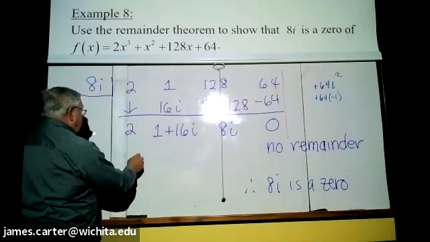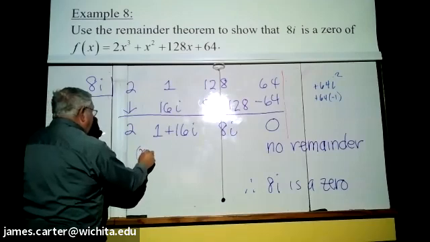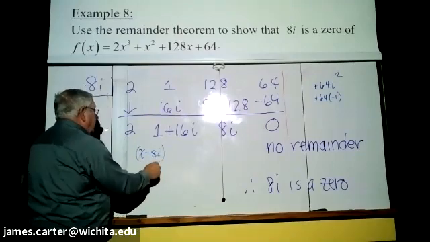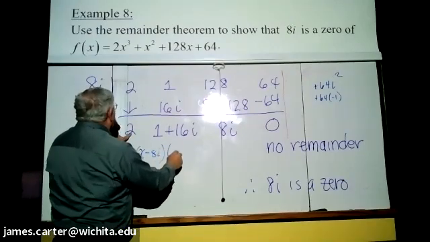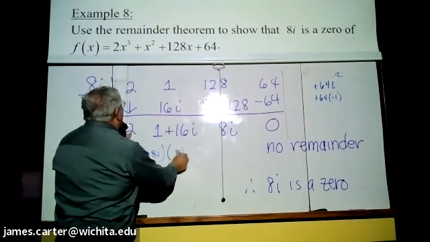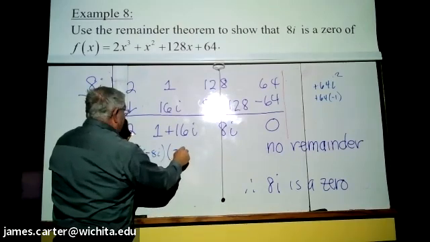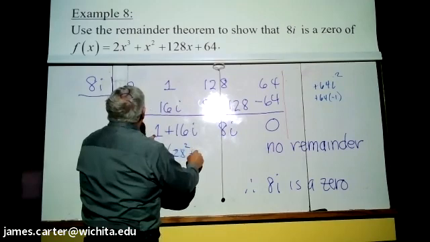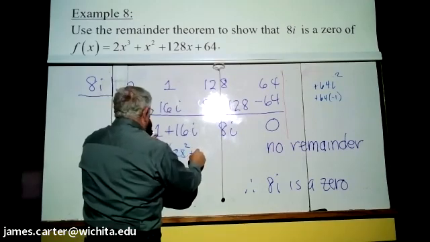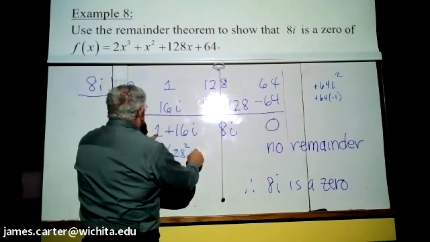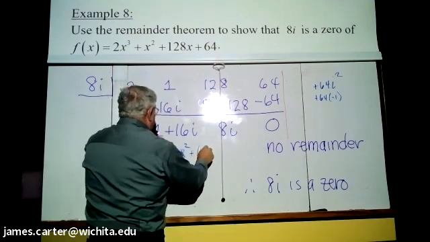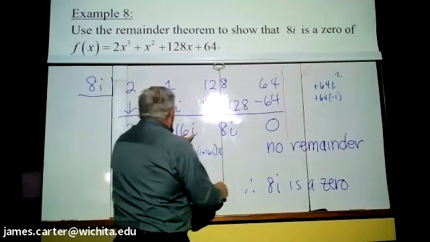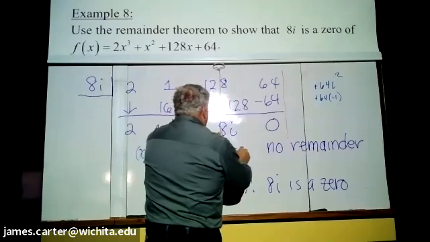So what that also means is that x minus 8i, remember if it's positive out here, it becomes negative there, times 2x squared plus, in this case, 1 plus 16i x plus 8i.